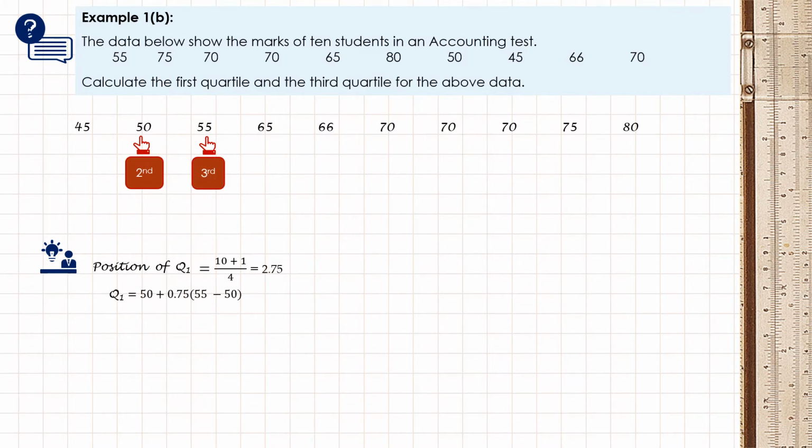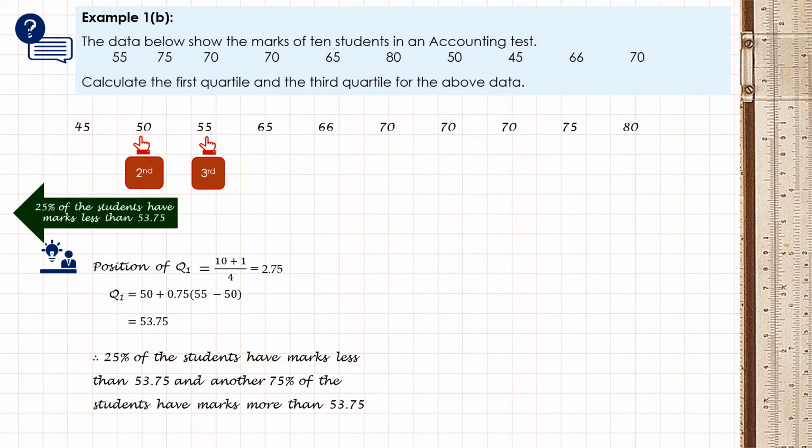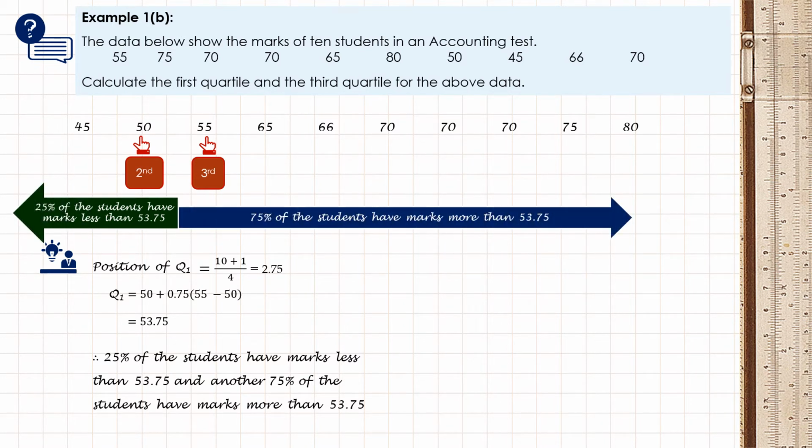To find the first quartile, it is the second value, 50, plus 0.75 times the difference between the second and third values. So the first quartile is 53.75. This means 25% of the students have marks less than 53.75 and another 75% have marks more than 53.75.